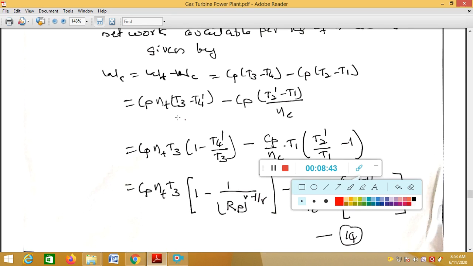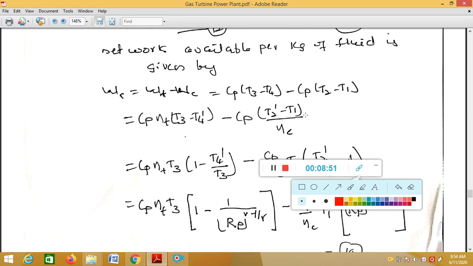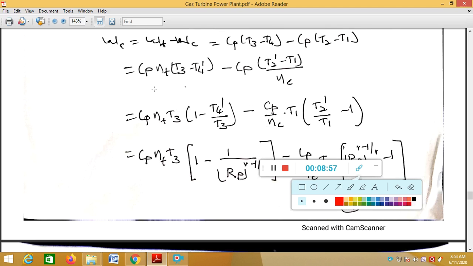So it is eta T (T3 minus T4 dash) minus (T2 minus T1), equal to (T2 dash minus T1) by eta C. Then W is equal to Cp eta T T3, taking T3 outside the bracket, (1 minus T4 dash by T3), minus Cp by eta C, taking T1 outside the bracket, T1 (T2 dash by T1 minus 1).